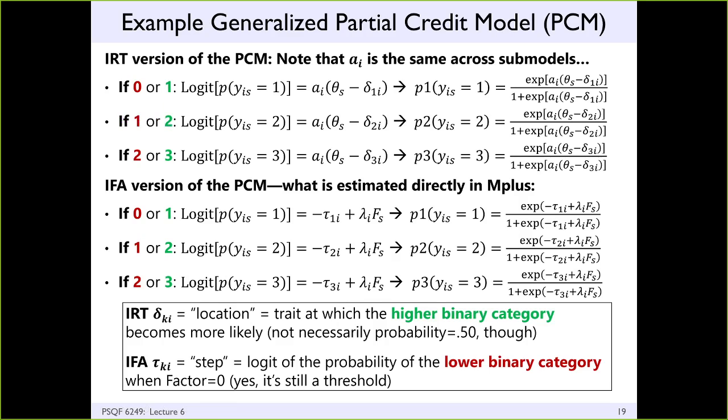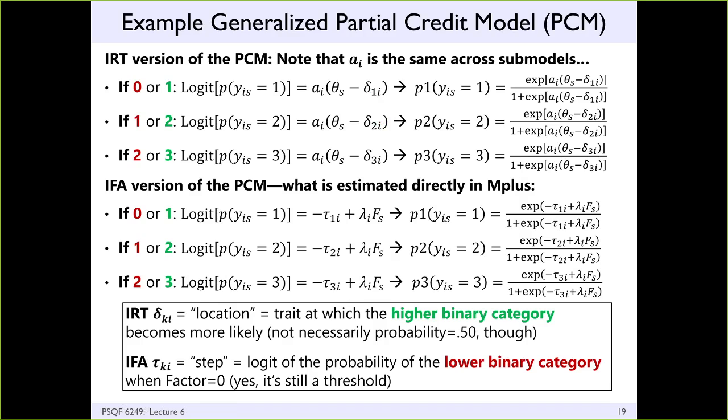The job of the submodel is to give you the probability of the higher of the two. So if you answered 0 or 1, what's the probability that you answered 1 as a function of the item's discrimination, your theta for the subject, and this delta term? It's like difficulty, but it's not the same.